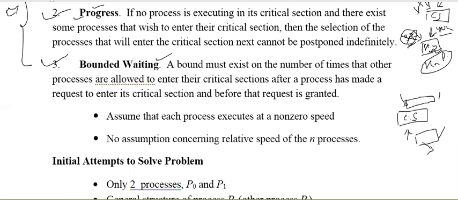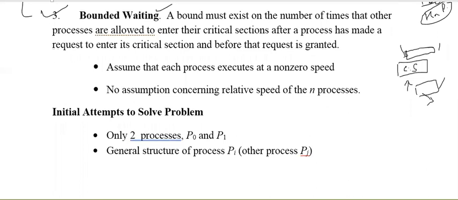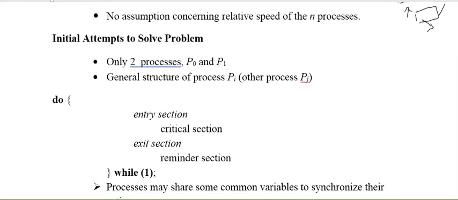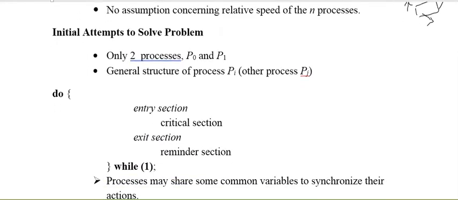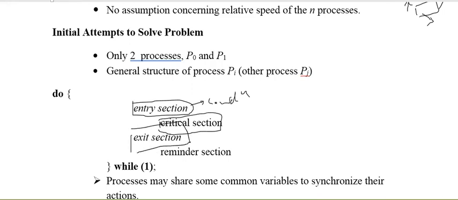This is the concept through which we are going to proceed. There will be a certain entry section, then the critical section. I'm going to provide a certain condition in the entry section, and on the basis of that condition, processes will enter the critical section, and I can also provide an exit section.